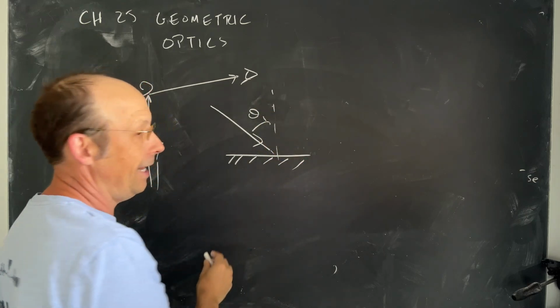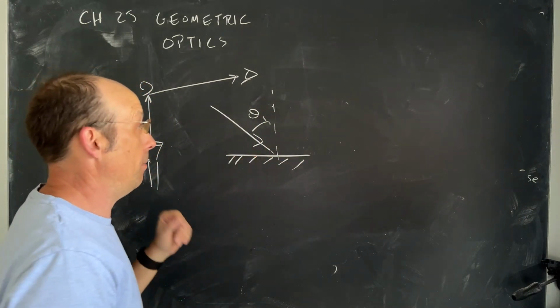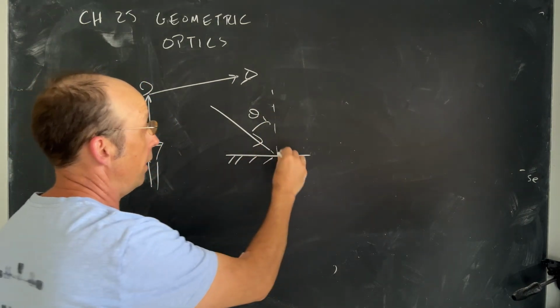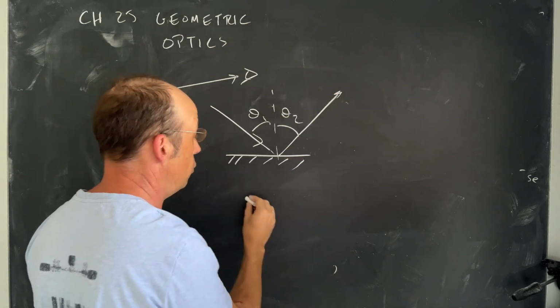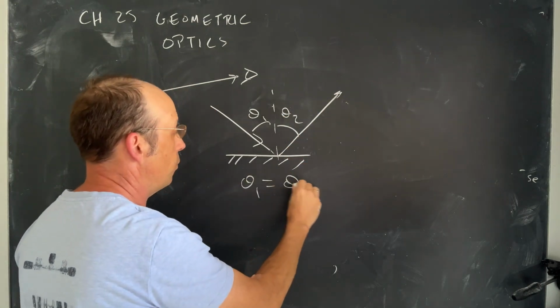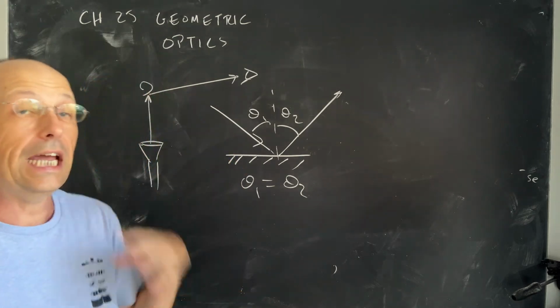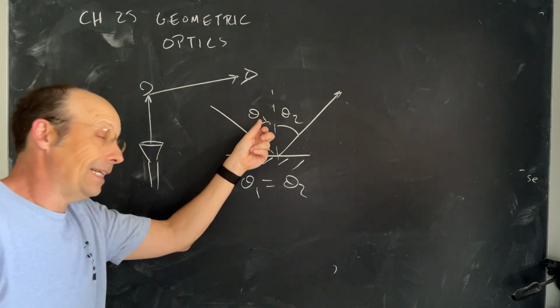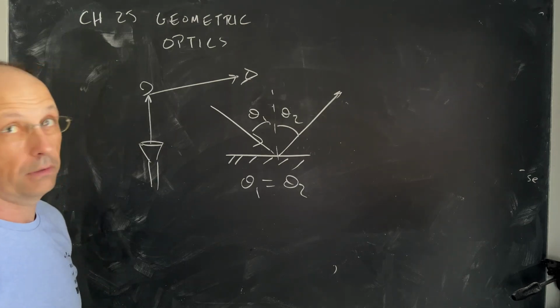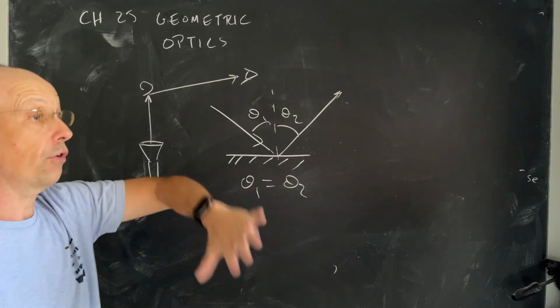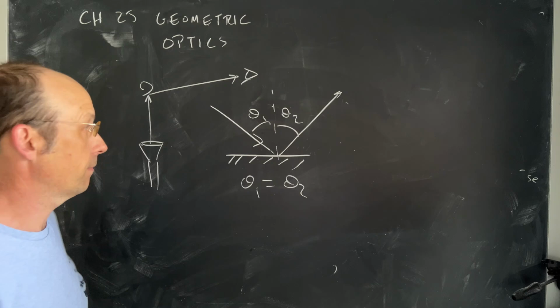So this is going to hit the mirror at some angle with respect to the normal. We'll call that theta 1. It reflects off with some angle theta 2, and theta 1 equals theta 2. So we say that the angle of incidence is equal to the angle of reflection. That's how mirrors work. And it's true whether the mirrors are curved or flat, as we'll see.